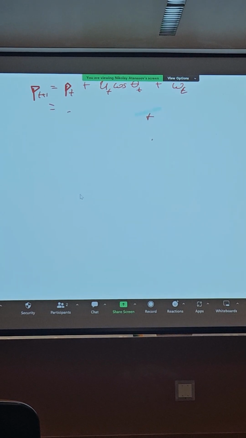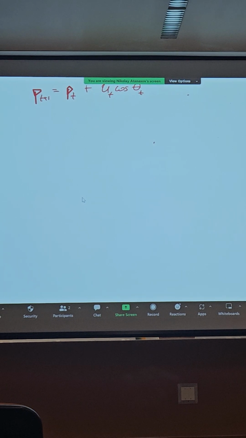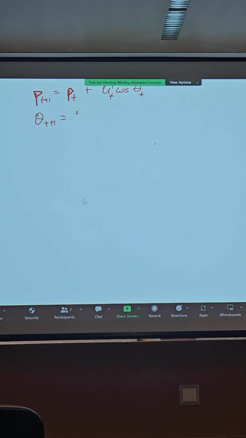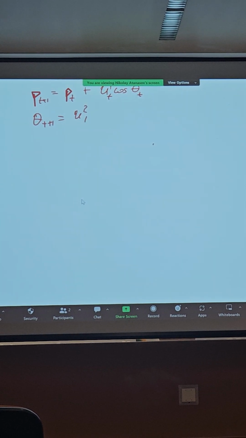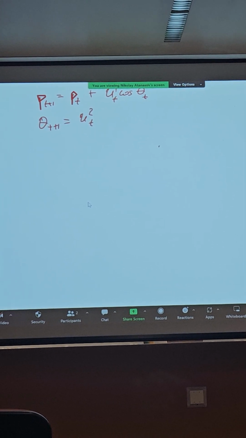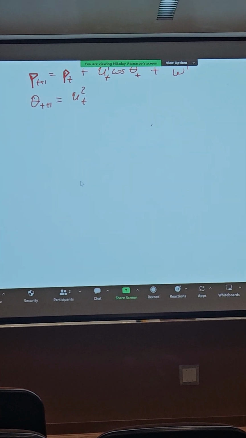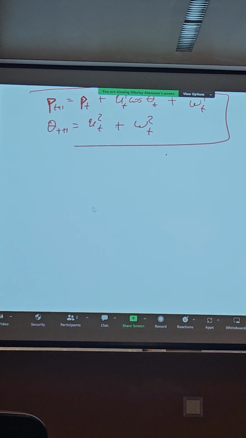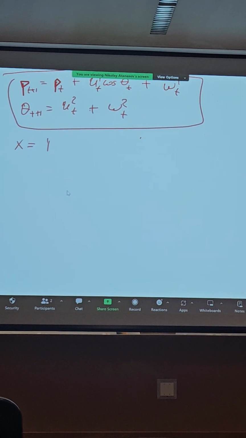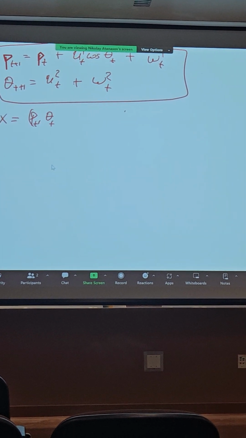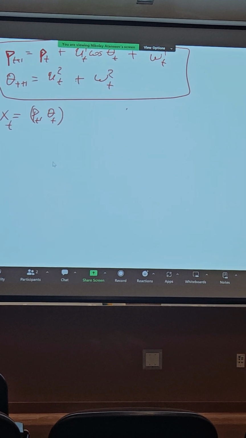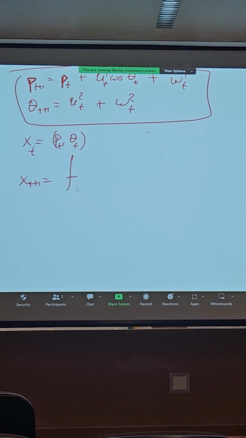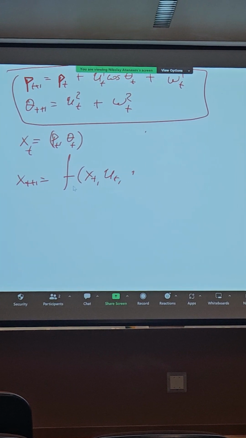Sorry, let me add a little more to it. Theta_{t+1} is, let's say, u1_t and then u2_t, and let's say this is our noise 1_t and then noise 2_t. This is our combined motion model. So let's call x is p and theta. So then we have x_{t+1} is f of x_t, u_t, and w_t.